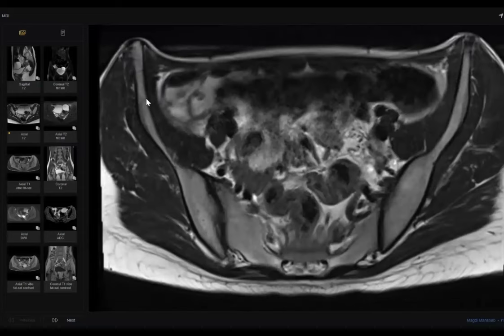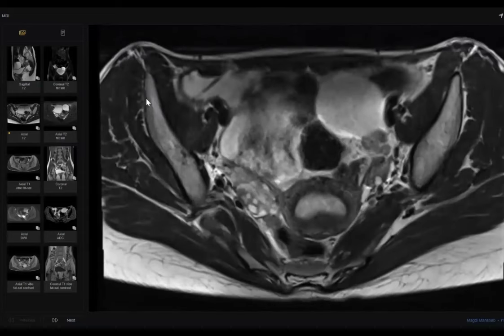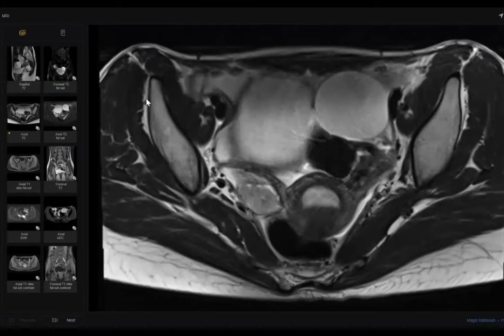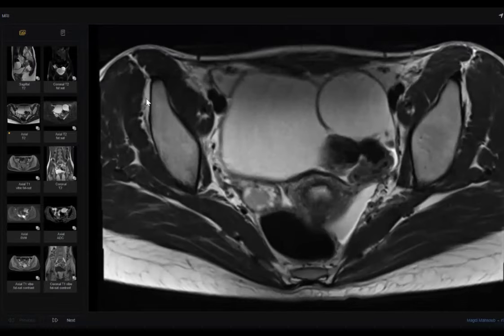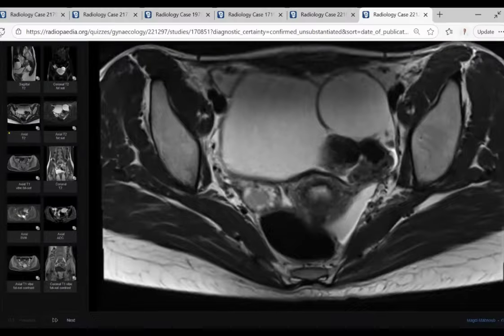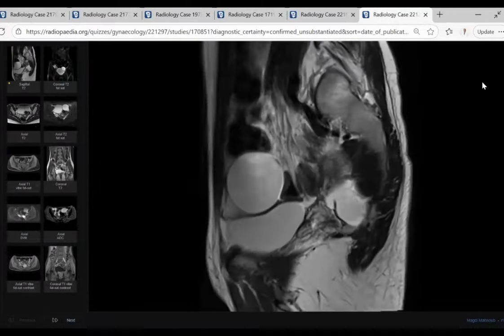The striking abnormality I can see is a well-defined lesion in the left adnexa, which is of T1 T2 hyperintense signal, and which appears closely abutting the left ovary. And the right ovary I can see separately. There is also mild free fluid in the pouch of Douglas.